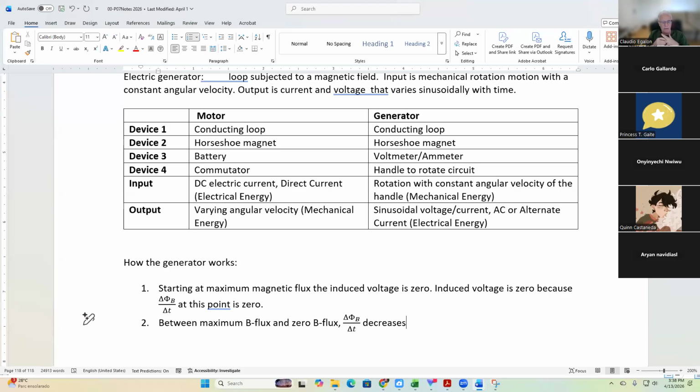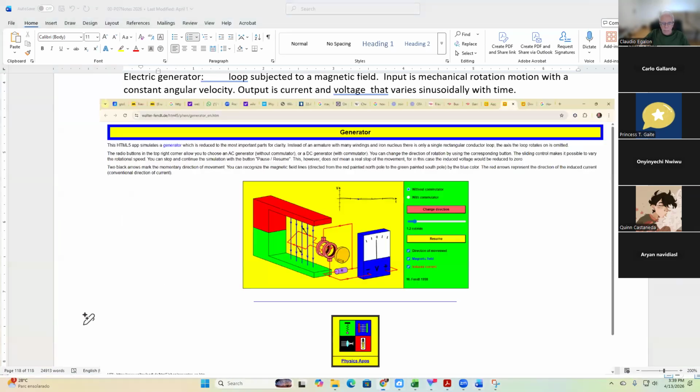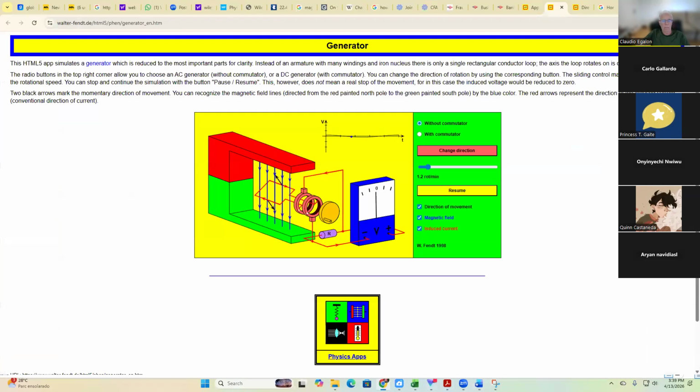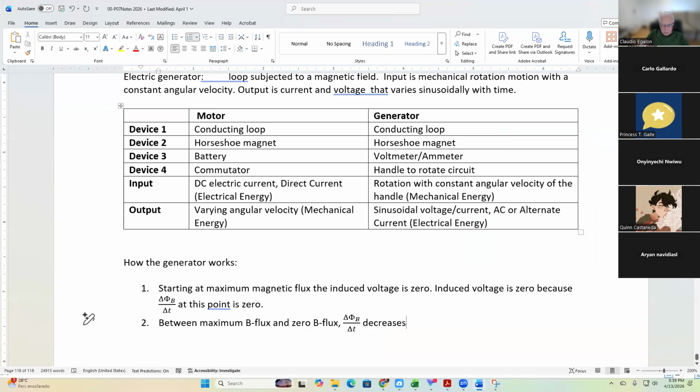The flux decreases. Consequently, the voltage turns negative.